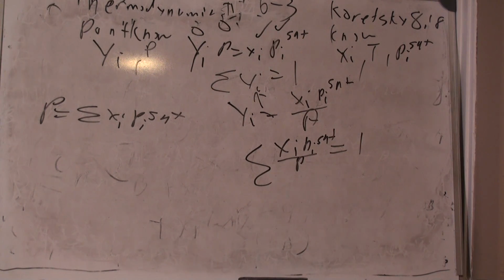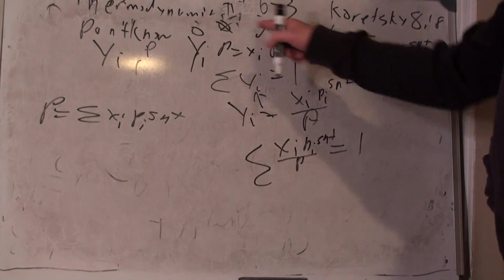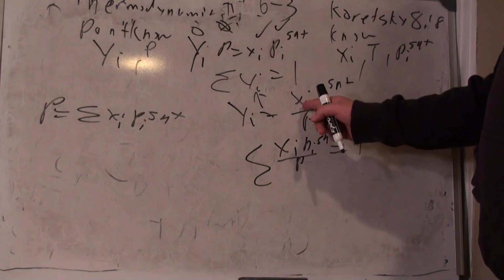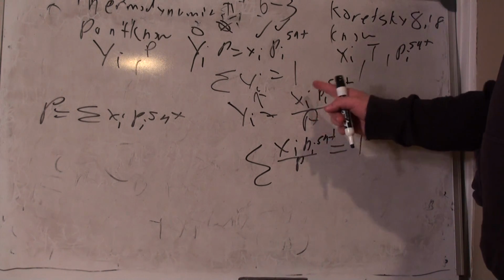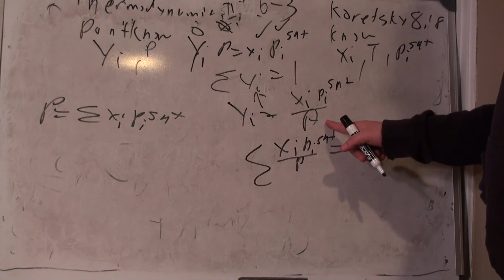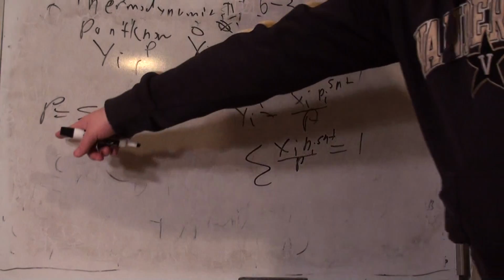Now what? Well, now I have a value for P. Look up here. What still has a big hole in it? The yi. Do I have a formula for yi? Yes, I do. Do I have a value for xi? Yes, I do. Do I have a value for Pi sat? Yes, I do. Do I have a value for P? I didn't before, but now I do.